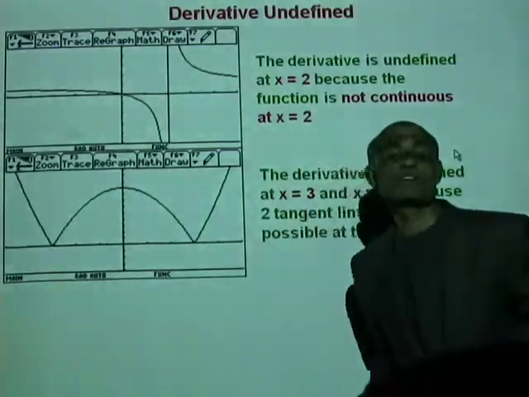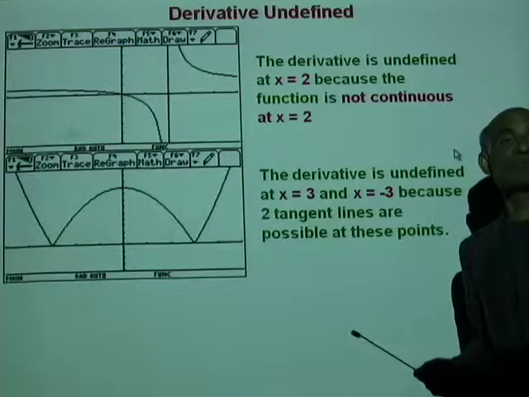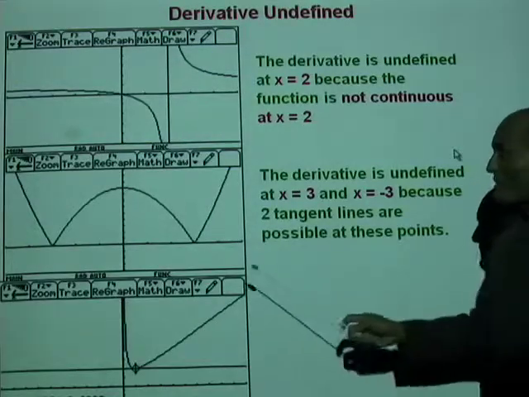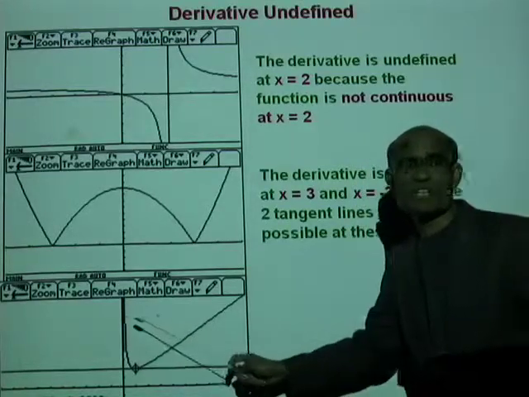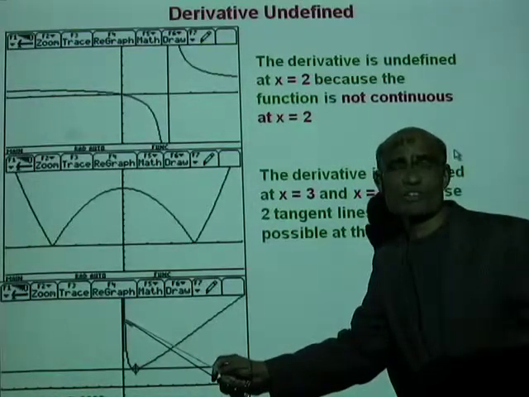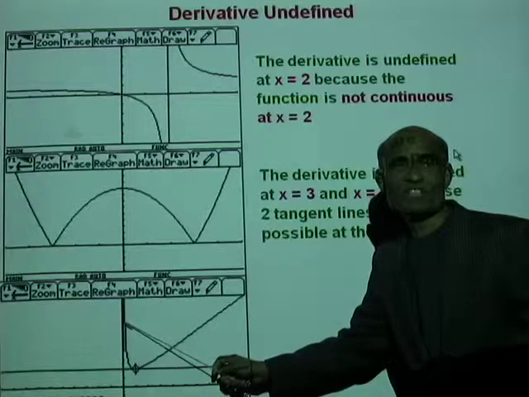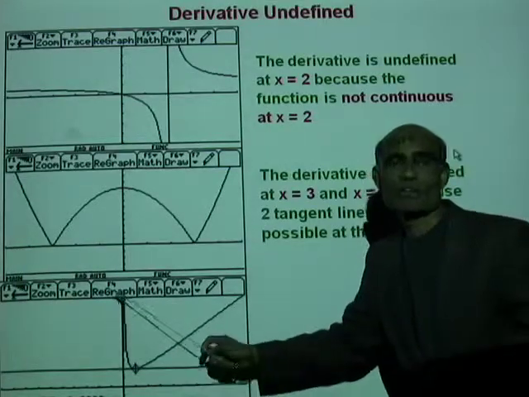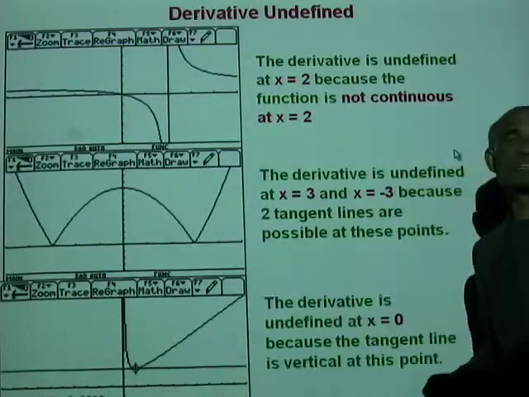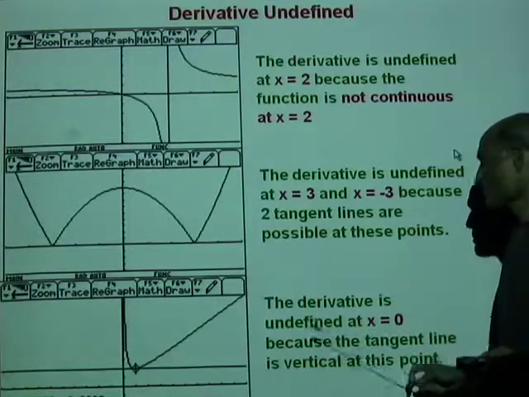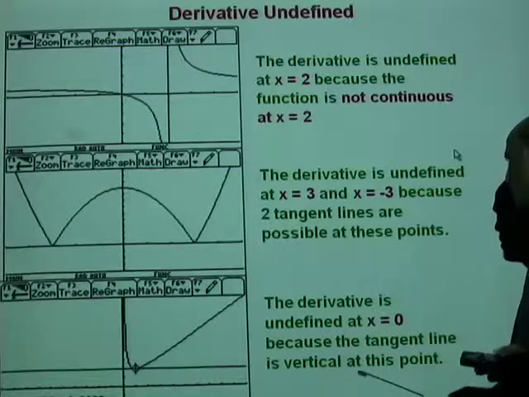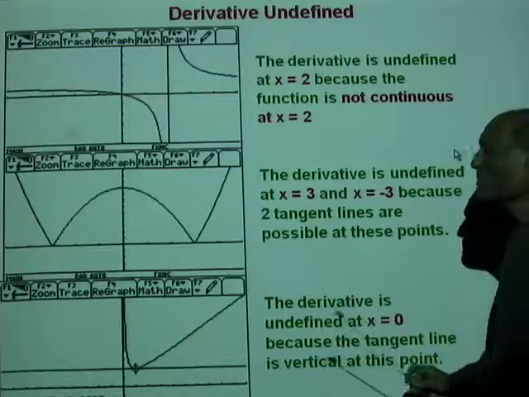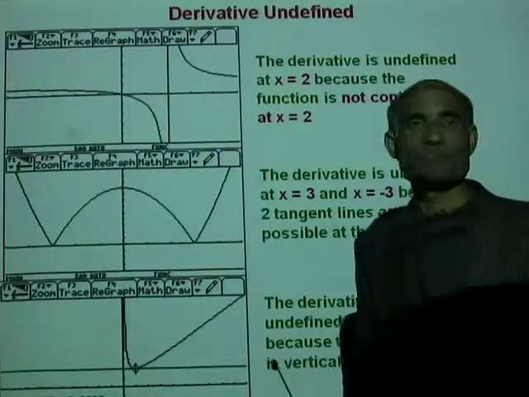That means there is no definite value of the derivative at these 2 points. Another instance where the derivative is undefined is if you take a point on the graph here, the tangent line is vertical and that means the derivative is undefined. So the derivative is undefined at x equal to 0 because the tangent line is vertical at that point.